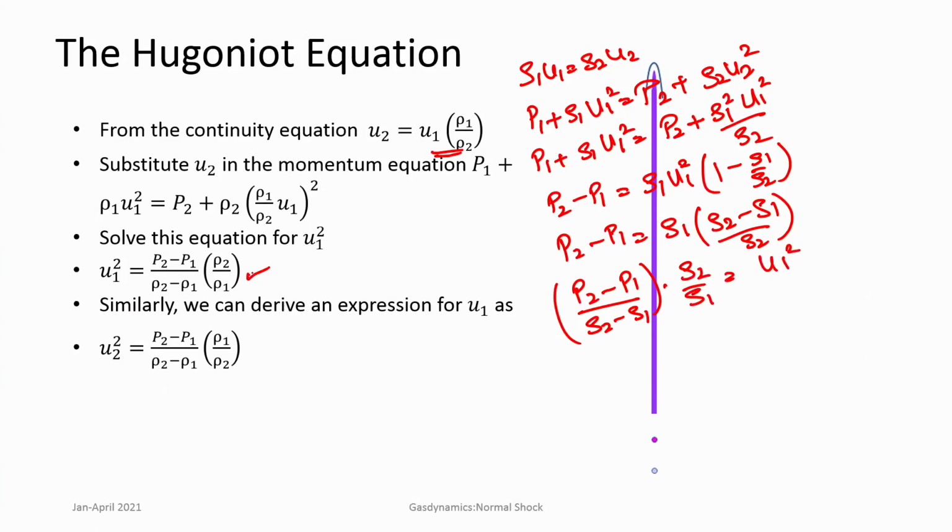So the same analysis can be carried out by expressing u1 in terms of u2, and then getting the equation for u2. If you proceed along the same direction, you get u2 square is equal to p2 minus p1 by rho 2 minus rho 1 multiplied by rho 1 by rho 2. So you get these two terms, and now we have used the mass and momentum conservation.